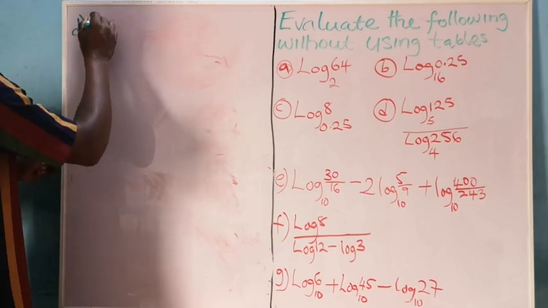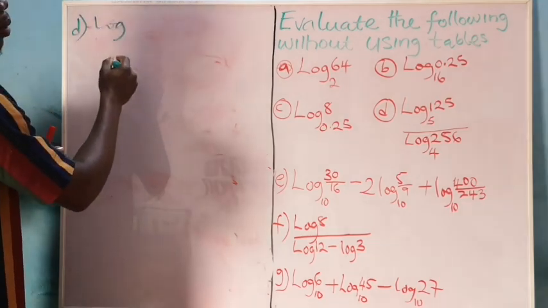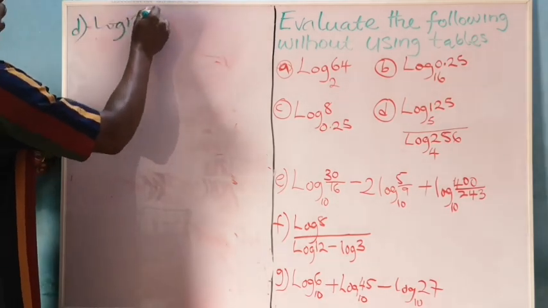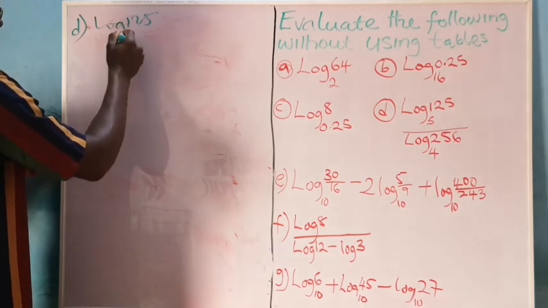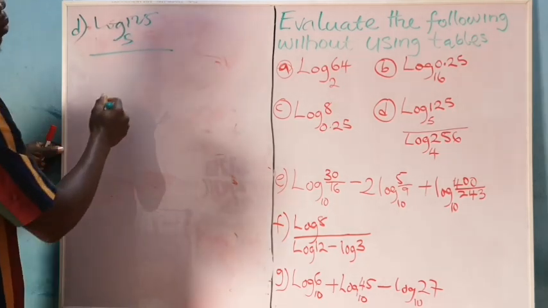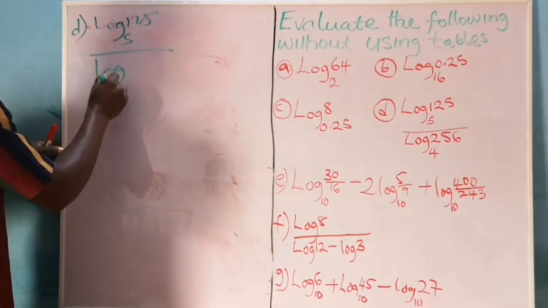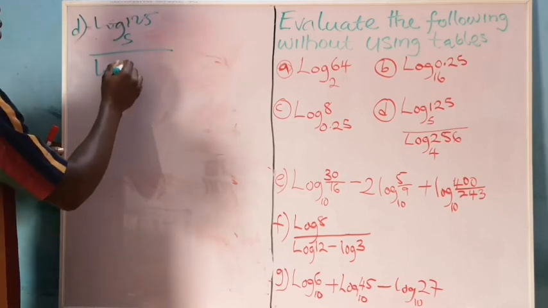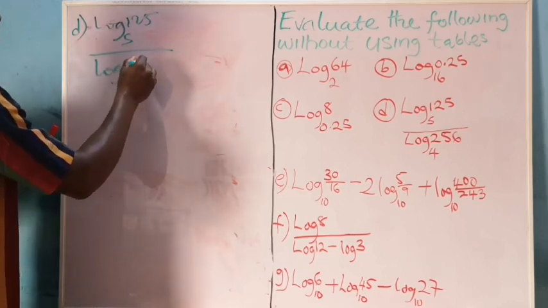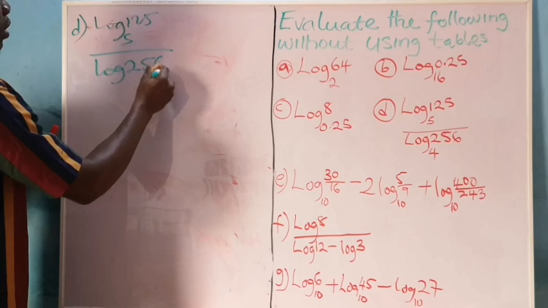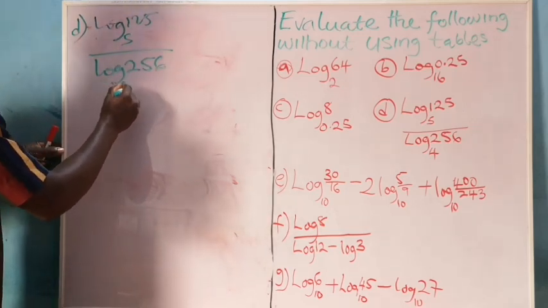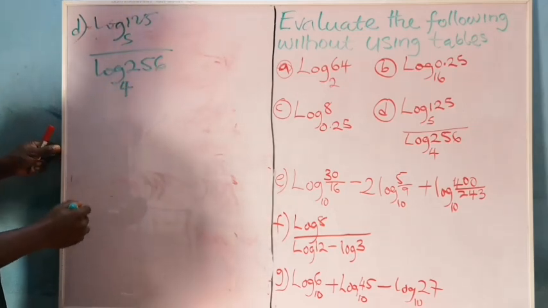We have log 125 to base 5 all divided by log 256 to base 4.